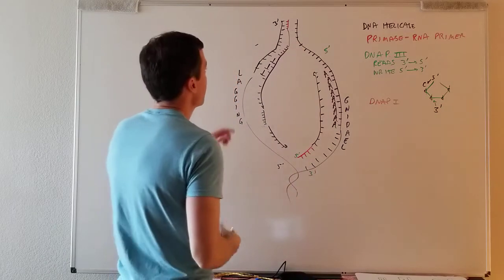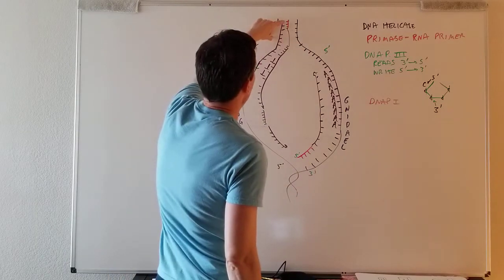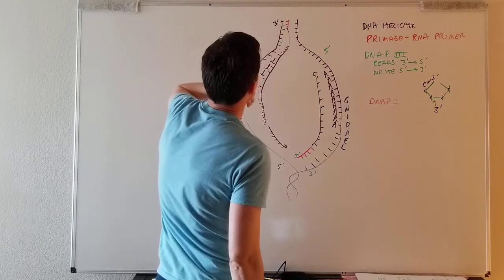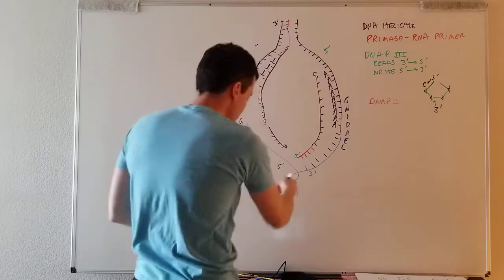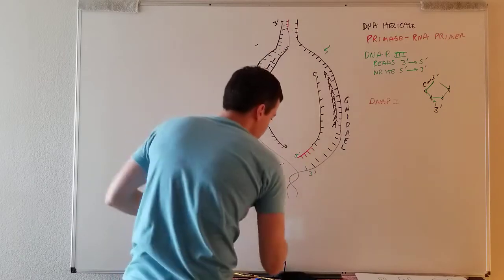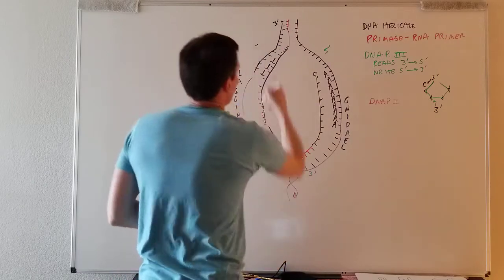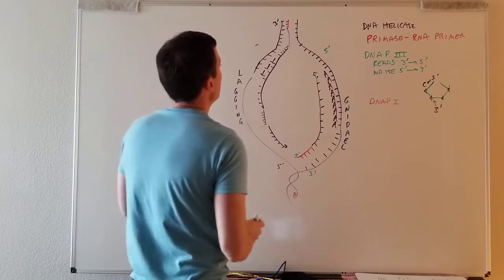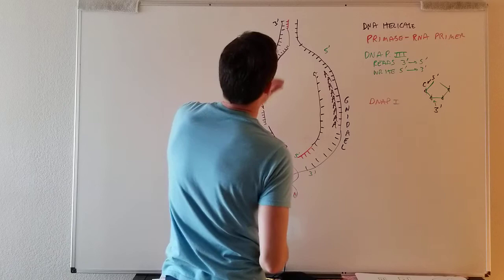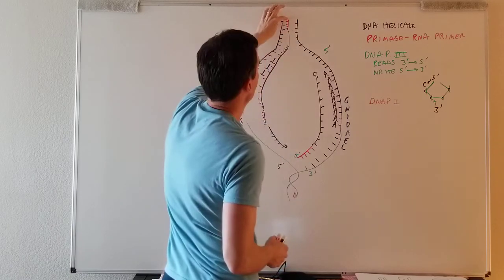That's great. Except over here on this end, there's a problem. I can't land above that. Same thing here. I'll have a primer down here on this 3' end. We'll focus on this one, but I'd have the same problem on the opposite strand over here. So now my DNA polymerase has to land above that red part and then move down.